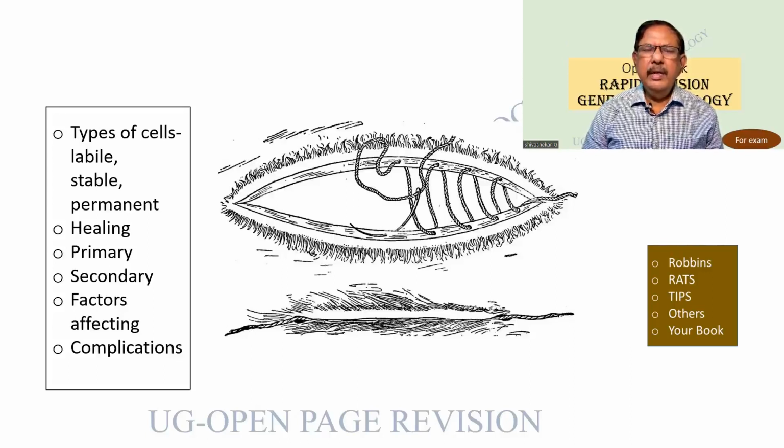Regarding the stages, please find out whether there is something called as neovascularization, then the breach in the basement membrane, formation of a hematoma, and then the proliferation of the fibroblast, granulation tissue, etc. All these components you will have to include.